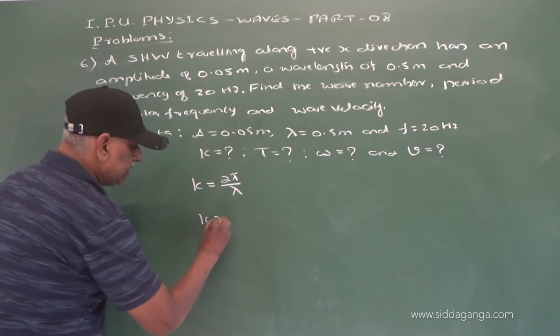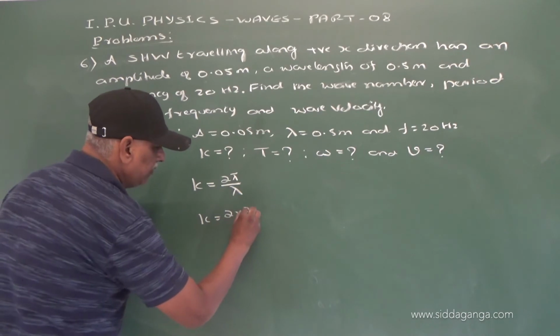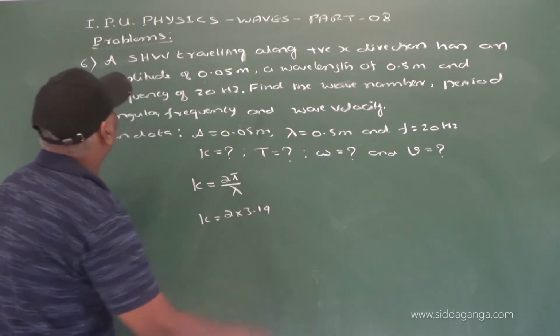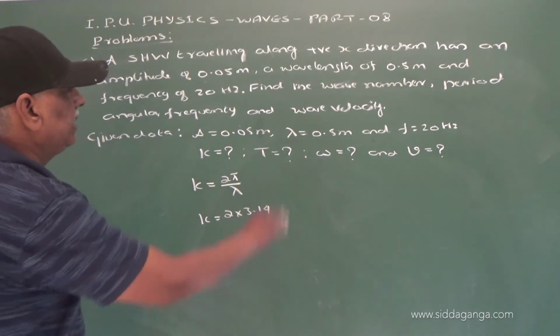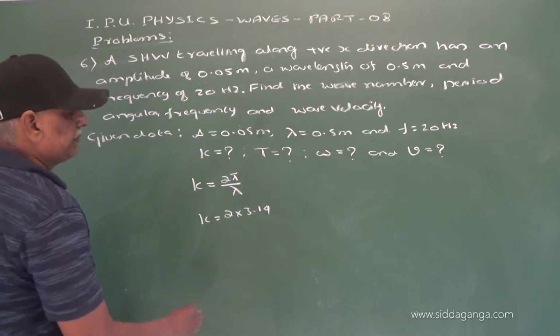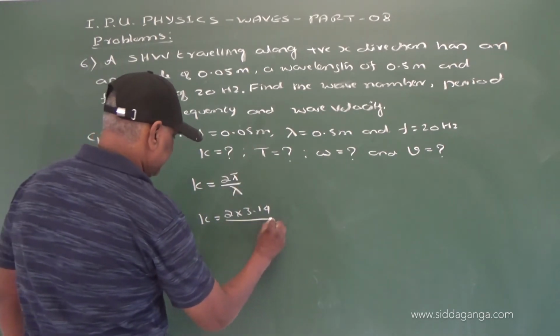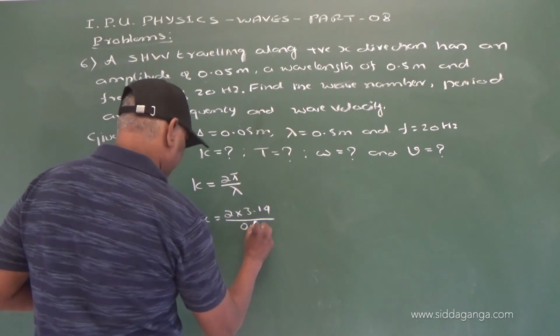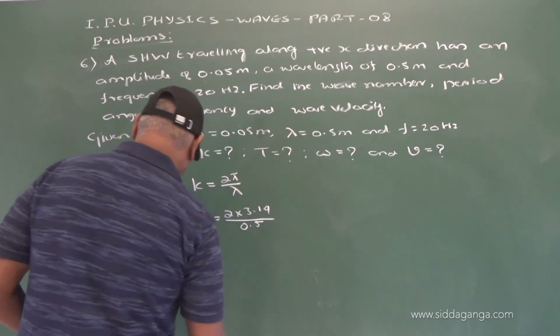So k is equal to 2 into 3.14 divided by 0.5 meter.